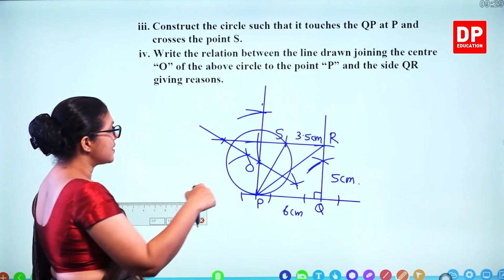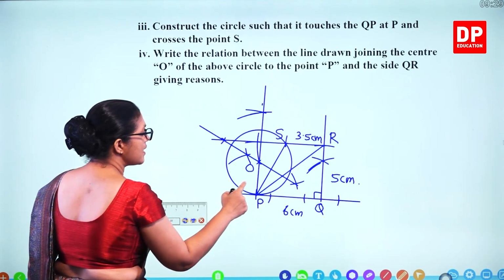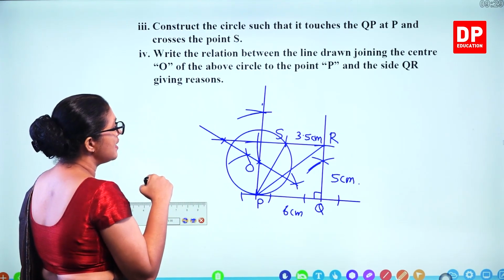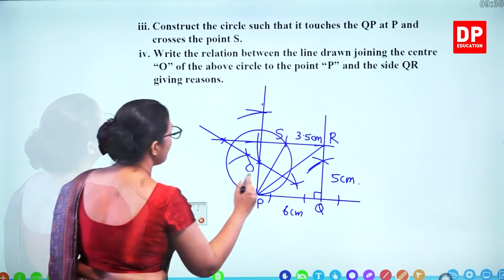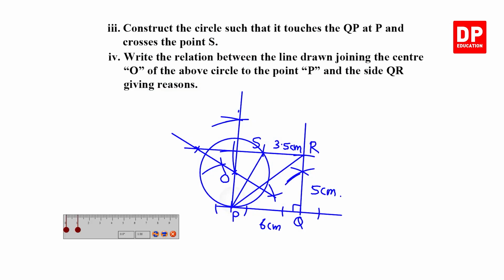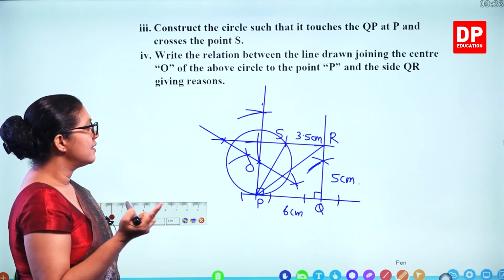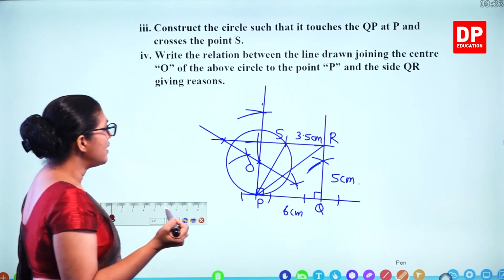The radius and the tangent, this becomes a tangent, that's 90 degrees. So you can write 90 degrees. Allied angles 90 degrees. The two lines are parallel.